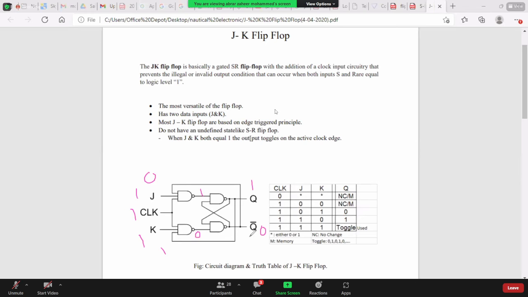This one will come here, 1 into 0, output here is 1. This one will go here, 1 into 1, output here is 0. So it is toggling from 1 to 0 and Q bar is 1. This is known as the toggle condition. First Q was 1, it is toggled into 0. This was the working of the JK flip-flop.